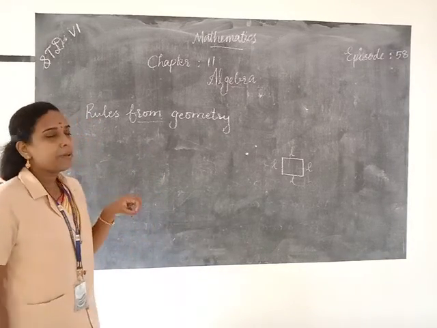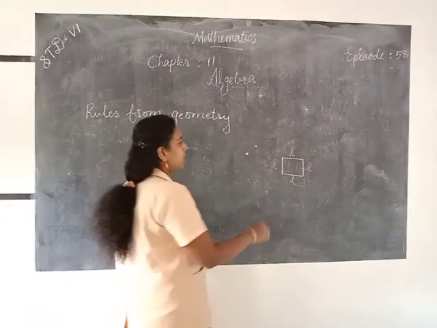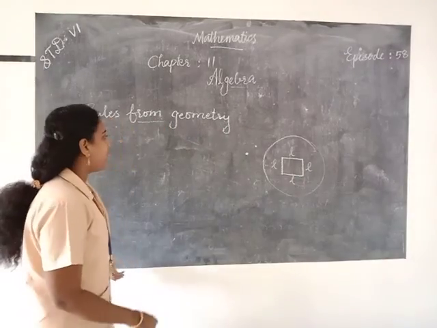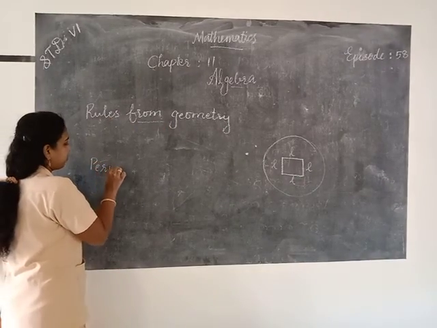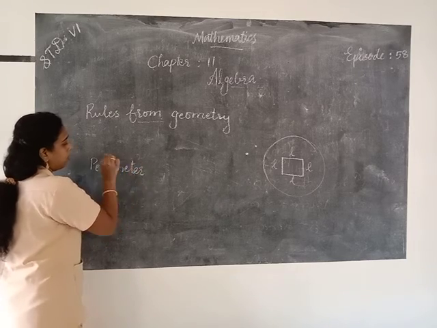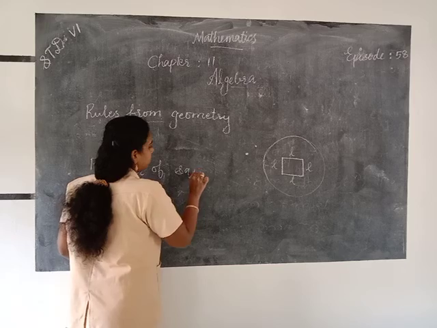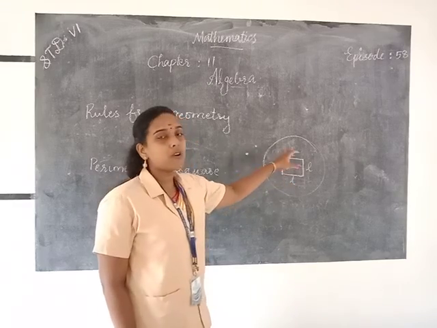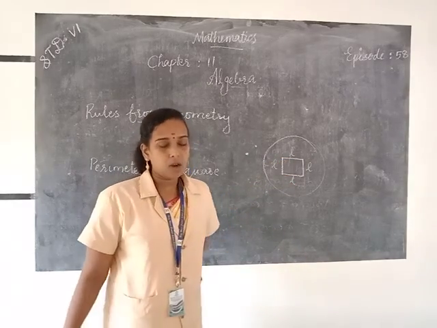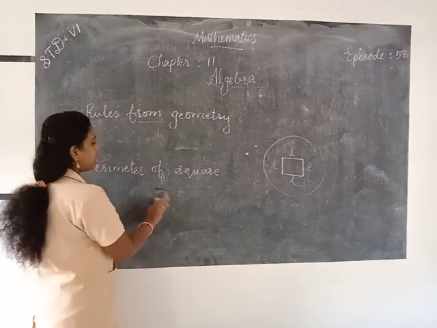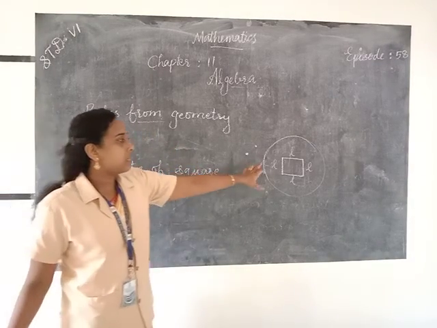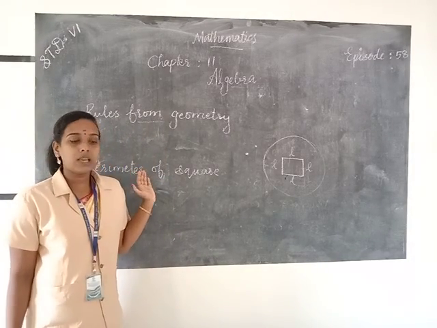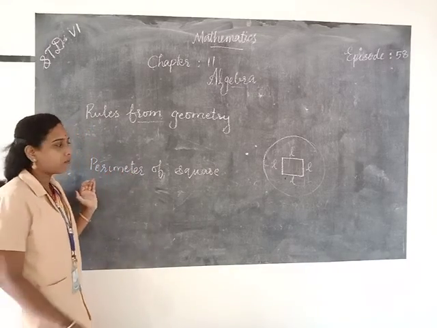To find the perimeter of a square, we know that the perimeter is the sum of the lengths of all the sides. To find the perimeter of a square, we take the sum of all sides of the square. So the equation is the sum of the lengths of the sides of the square.